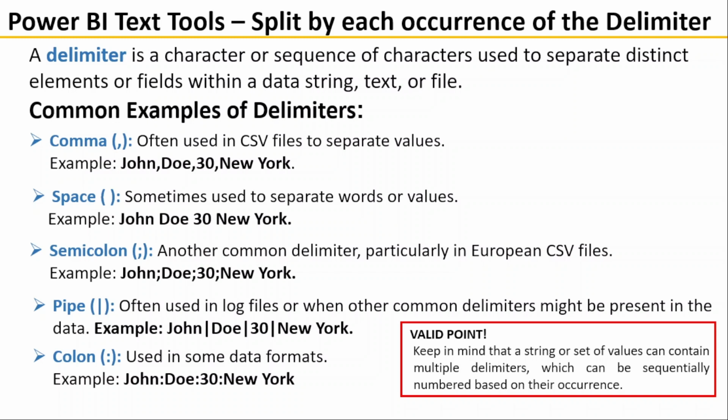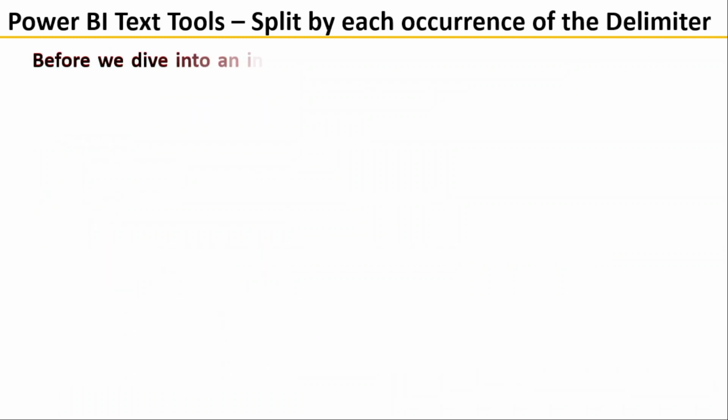In the list, we also have the space delimiter, the semicolon delimiter, the pipe, and the colon as well. Here is a valid point to keep in mind that a string or set of values can contain multiple delimiters, which can be sequentially numbered based on their occurrence.